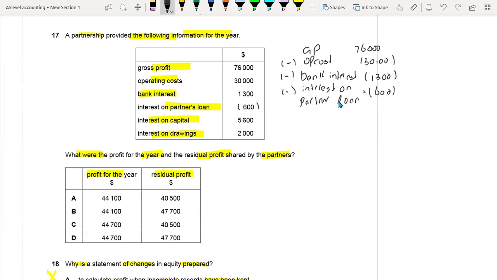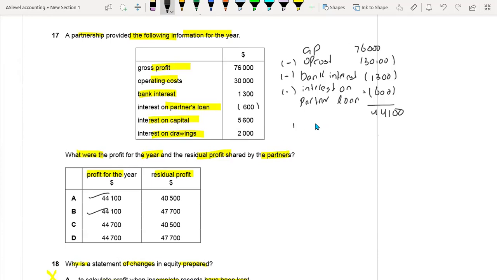So after that we have the profit, which is 44,100, in option A and option B. Now we have to find out the residual profit. So deduct the interest on capital from this profit. Interest on drawing, sorry.